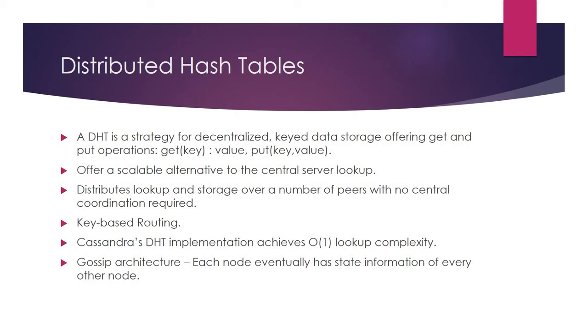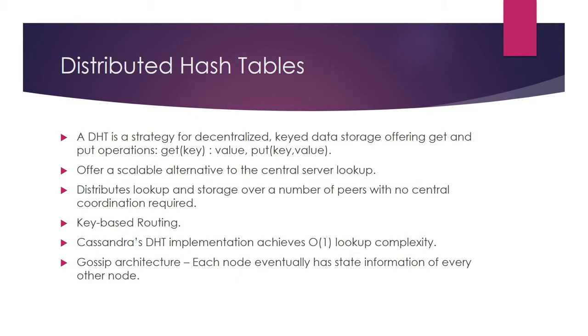What they do is distribute lookup and storage over a large number of nodes, which we call peers, without any coordination of a central server. What we use here is key-based routing.